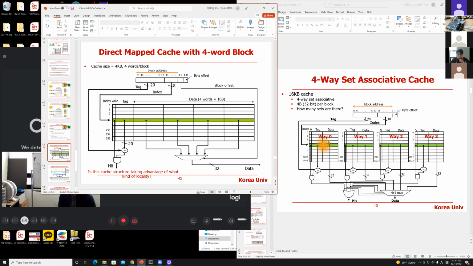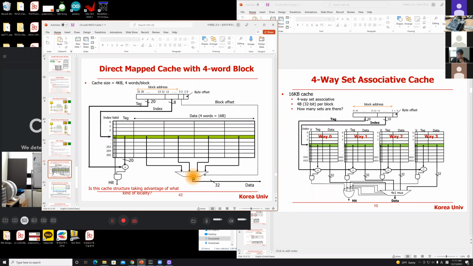Again, in this schematic diagram, I did not draw that multiplexer, but you need that multiplexer right here. And in four-way set associative, you need an additional big multiplexer. It takes 32-bit data and selects the final one.